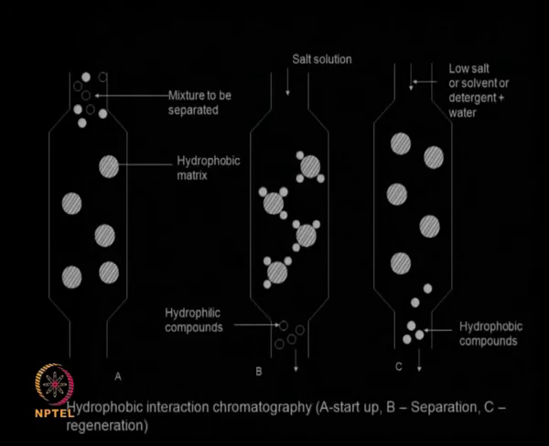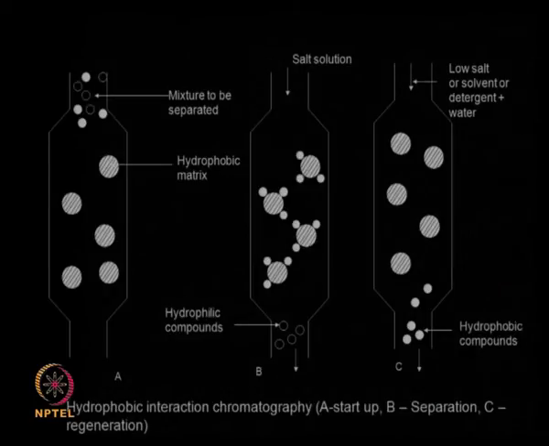Let us look at the next chromatography system. This is called hydrophobic interaction chromatography. We have a matrix which has hydrophobic groups present. You may have a mixture of proteins, hydrophobic and hydrophilic. What happens?